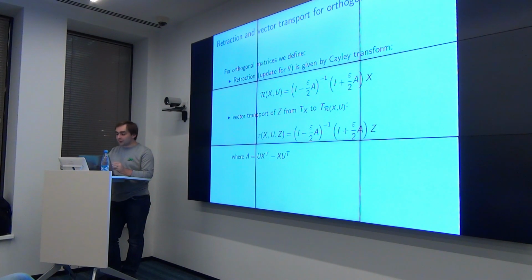Imagine that these points have velocities attached to them. If you rotate these points, the velocities should also be rotated in exactly the same way, by the same rotation matrix. This matrix is orthogonal, that's why it's the rotation matrix. And that's why we define vector transport like this. Is it clear?